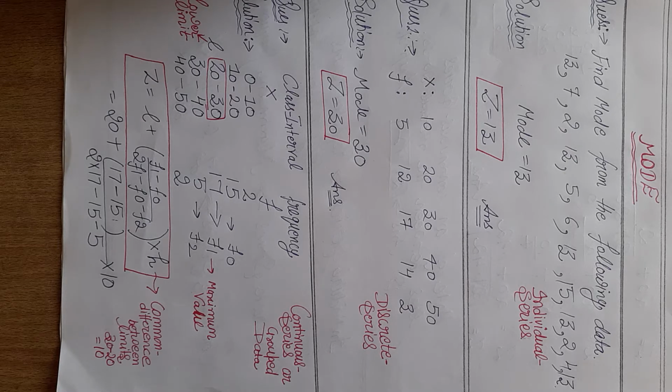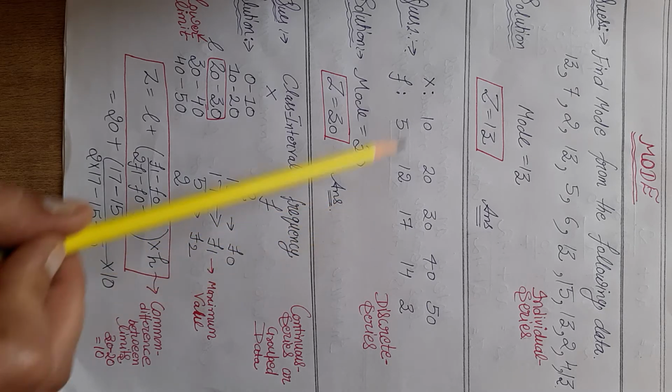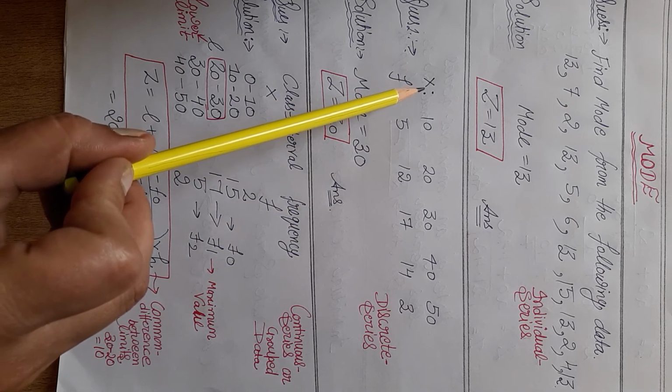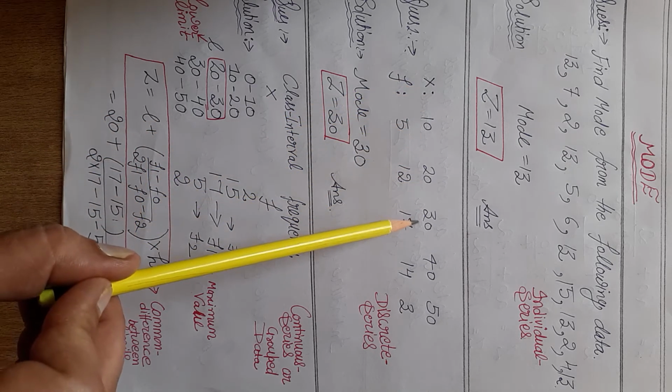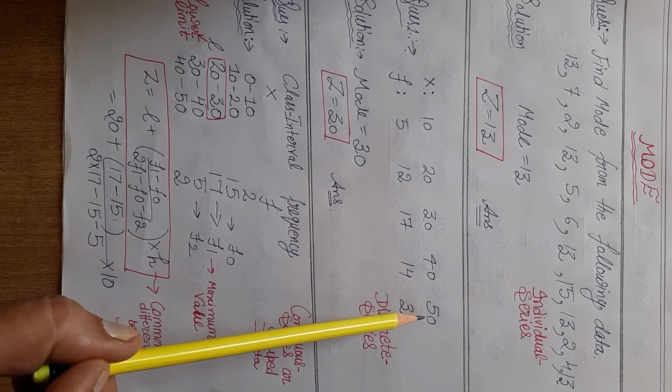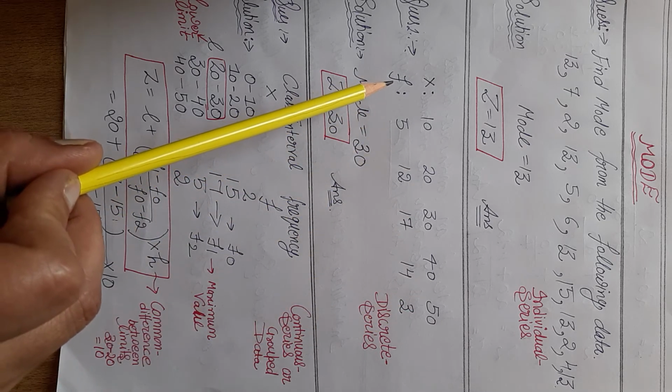Now we move on to our next series, that is discrete series. In this series we have variable x, that is 10, 20, 30, 40, 50, along with a frequency table. What is frequency?